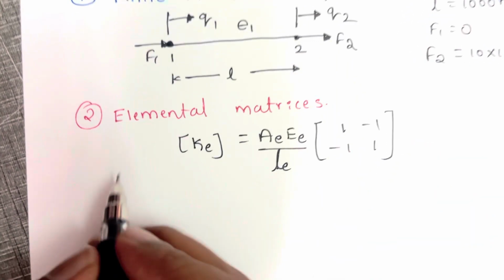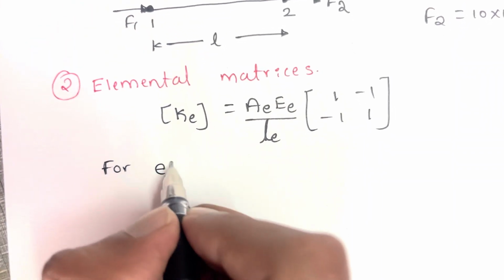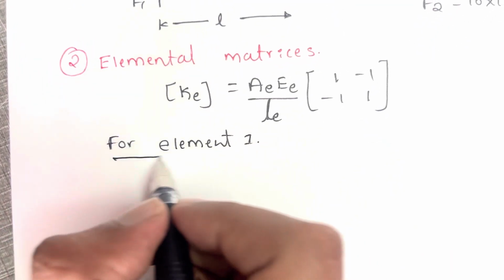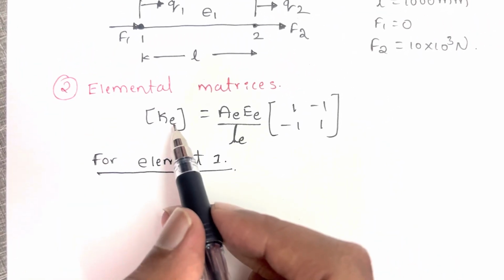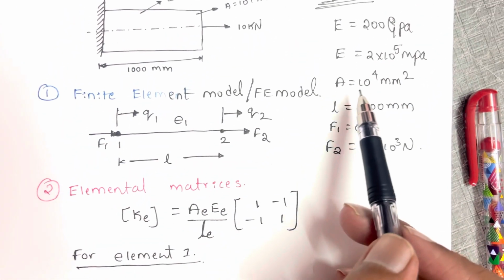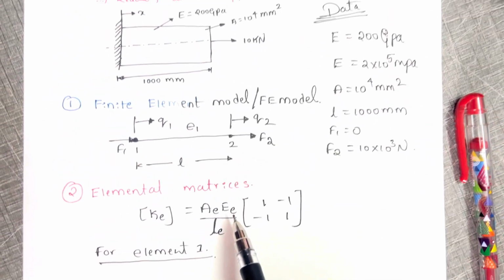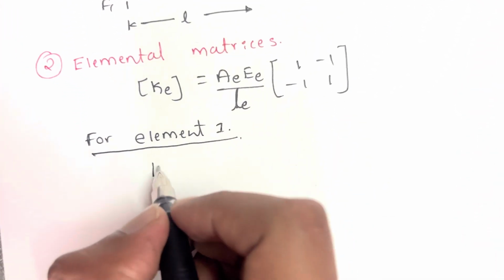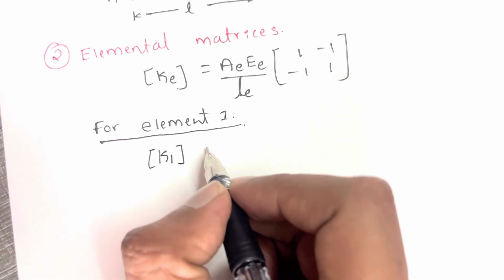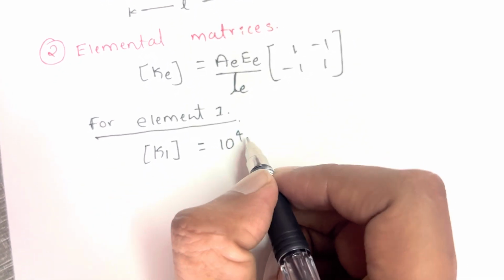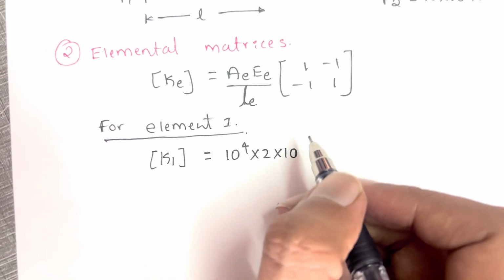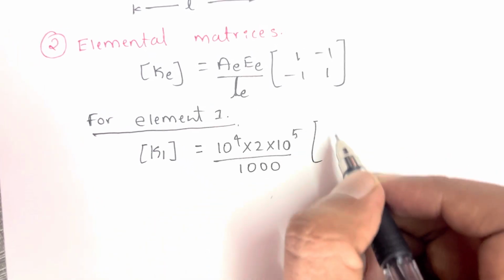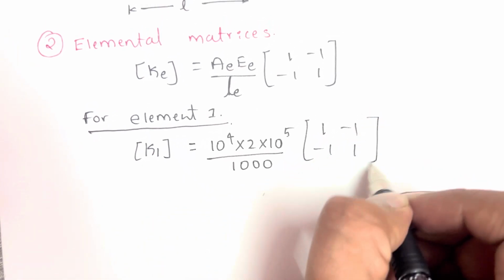Here E indicates the number of the element. Okay, so for element 1, substitute E is equal to 1, and area, we know, is 10 raised to 4 mm square, Young's modulus is 2 into 10 raised to 5 megapascal, and length is 1000. So K for element 1 is 10 raised to 4 into 2 into 10 raised to 5 divided by 1000 into the matrix 1 minus 1 minus 1 1.